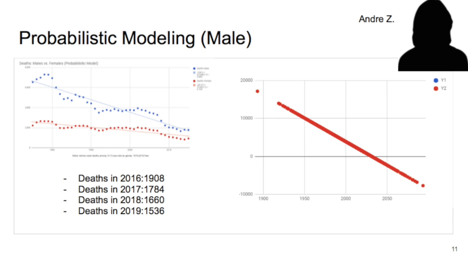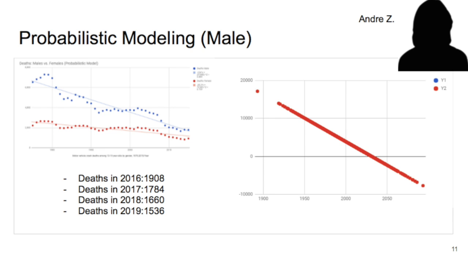All right, so on to the males. We actually did two sides of the probabilistic modeling: one for males and one for females. We took the original graph that you can see on the left-hand side, and we condensed it and made it more accurate. We did the trend line, and what we got for 2016 was 1,908 deaths.